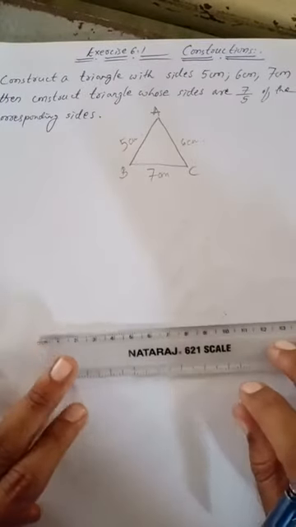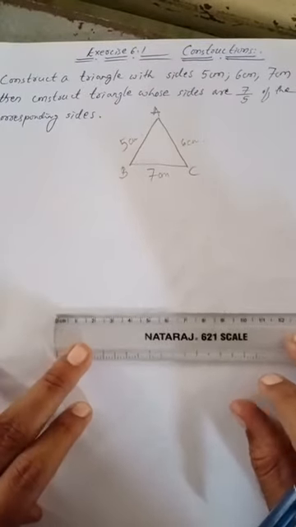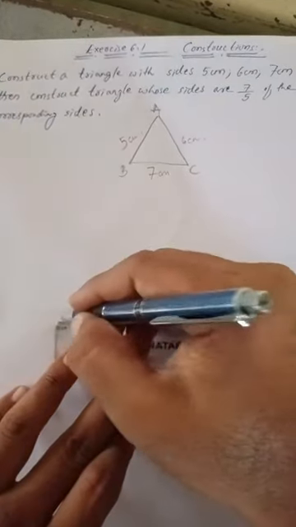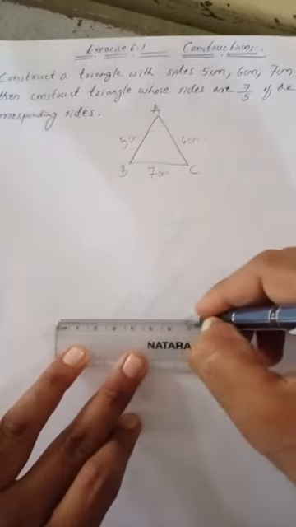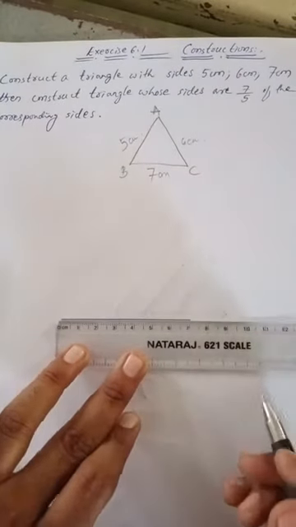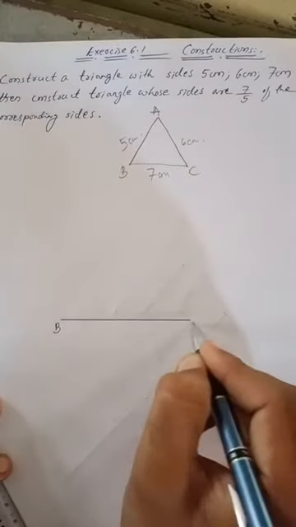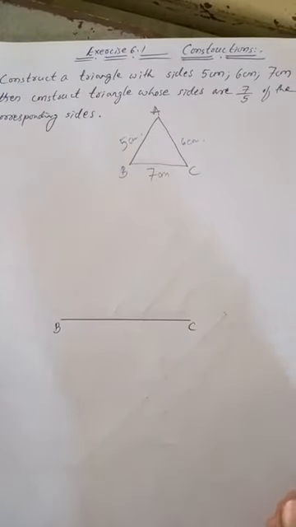Now I am going to do the main diagram, the main construction. In the middle of the page, first I'll draw a line of 7 cm using a scale. Yes, so I drew a line here, which I can label as BC, which is of 7 cm.